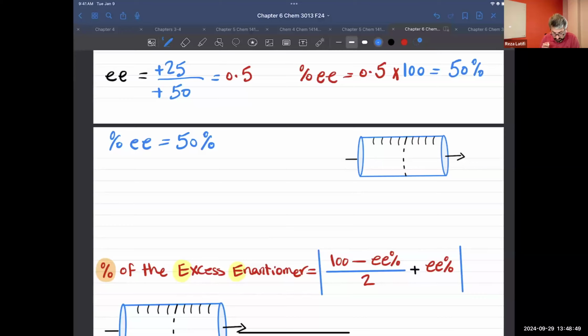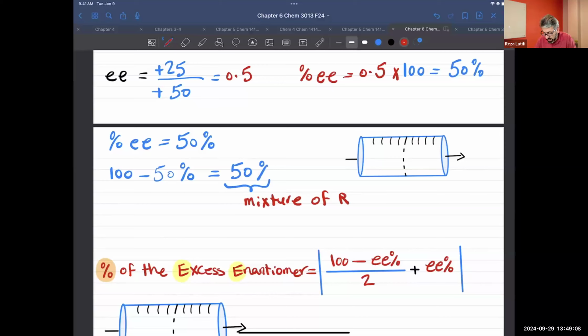It means 100 minus 50%, we're going to get another 50. What's the meaning of this 50? That 50 is a mixture of R and S. And the other 50 is the enantiomeric excess, the percentage for enantiomeric excess.